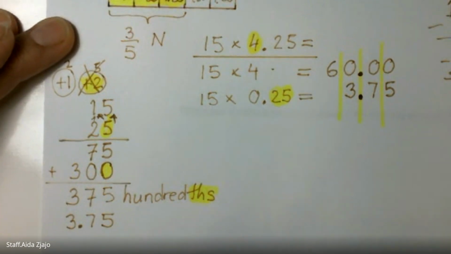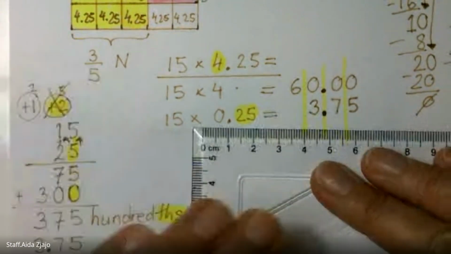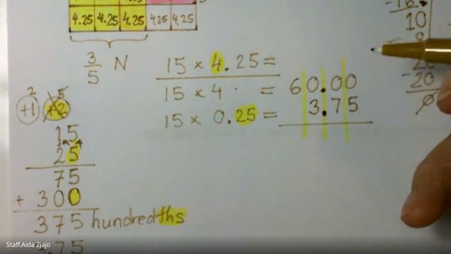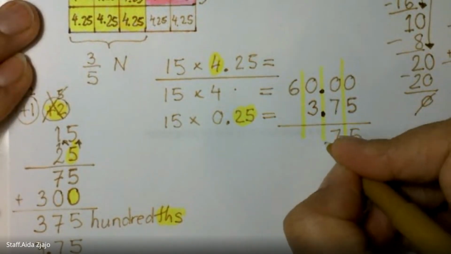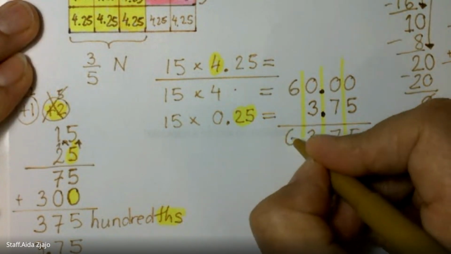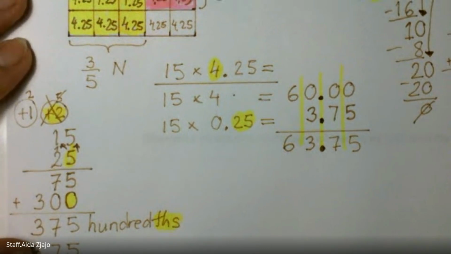All right. What is left now is to add these two parts. And 5 plus 0 is 5, 7. The decimal is going to appear in the same line. And we found out how much money that she had at first.